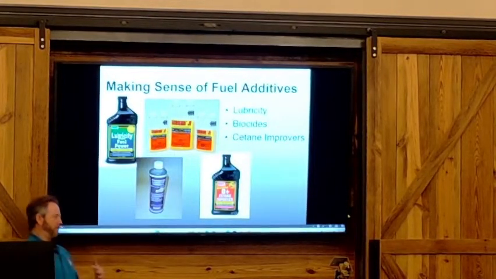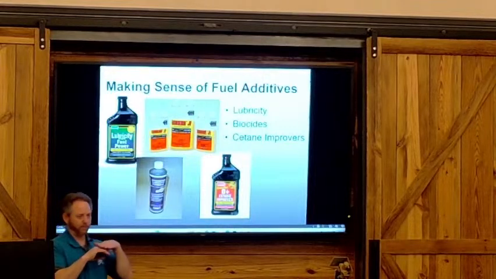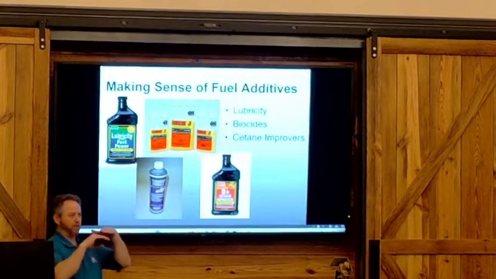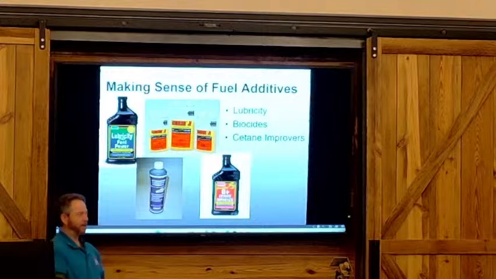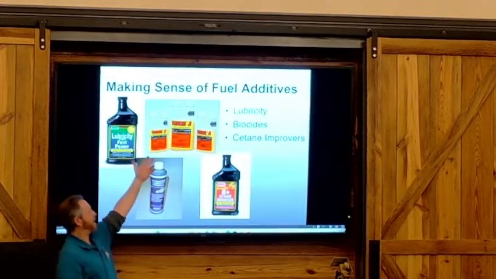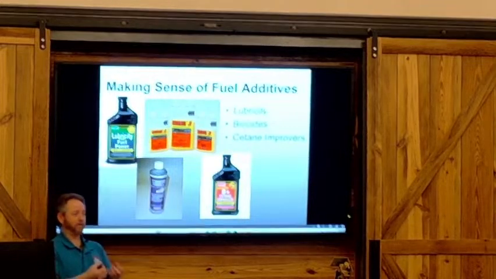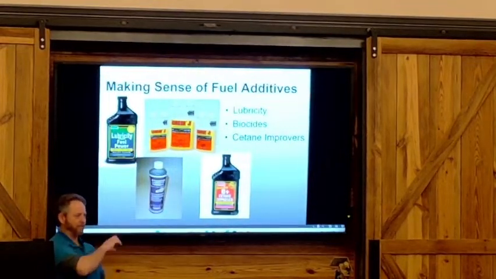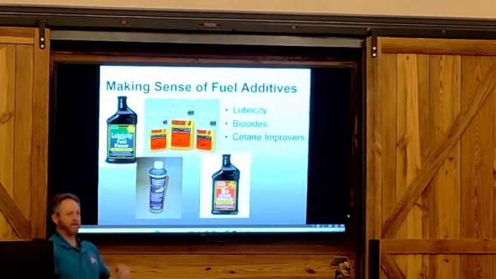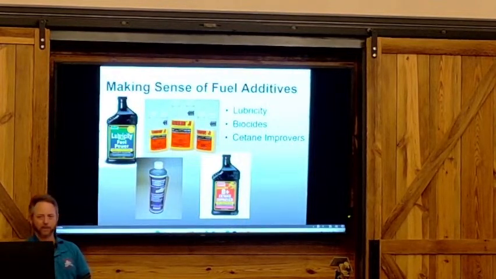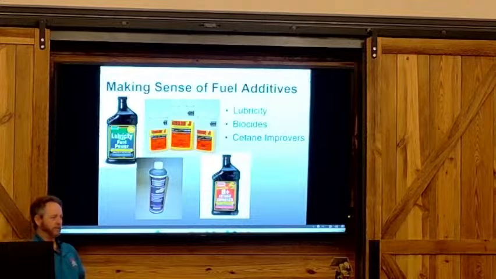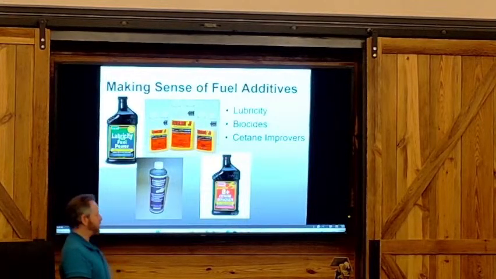And usually the microbes grow when you have water in the fuel. So they like to grow on the water and fuel line. And so you can put a biocide into the fuel tank, which will kill the microbes and break them down into a powdered form so they can flow through your fuel lines to be captured at your primary fuel filter. And then you change your fuel filter to remove them out of your system.